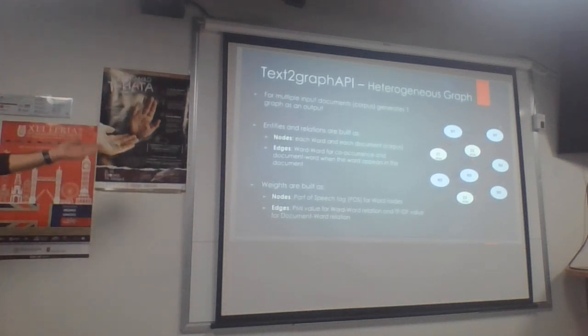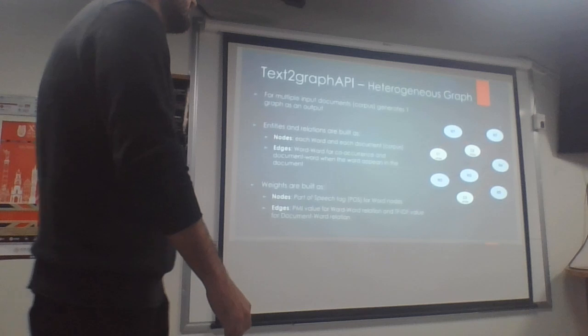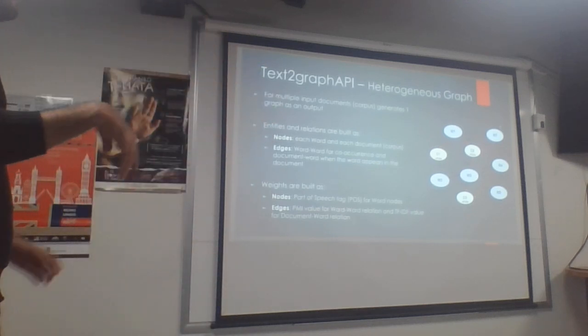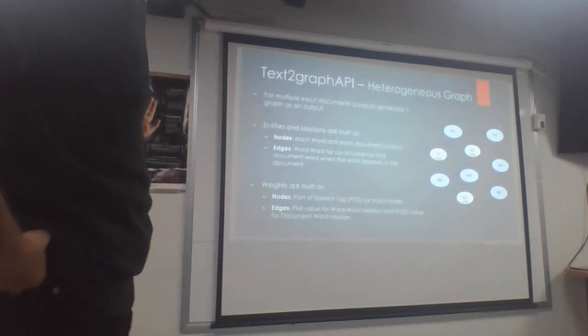We can also assign attributes, for example, the part of speech for the word nodes, the PMI metric for the word-to-word relations, and TF-IDF for the document-word relations. And this is a brief example of this kind of graph. Please, the next slide.